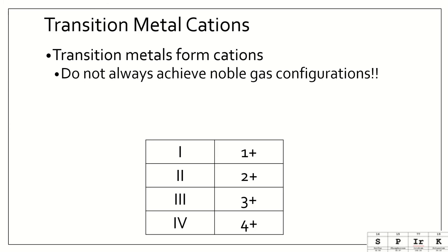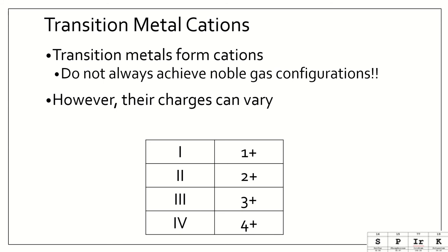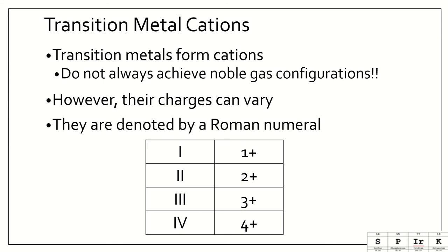Now, the transition metals also form cations, but they do not always achieve the noble gas configurations. Remember, we have not discussed how we know exactly how many valence electrons each of these metals has, and we said that they can form various ions. So their charges can vary, and they're denoted by a Roman numeral.